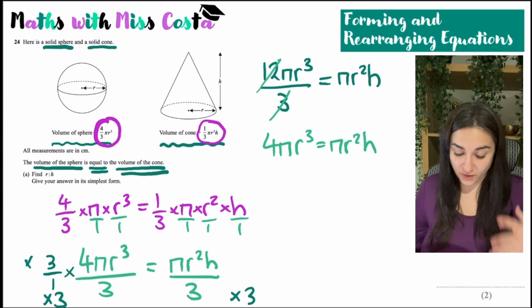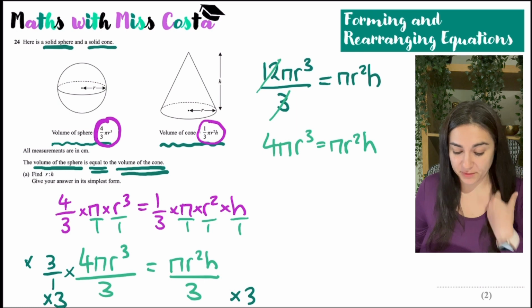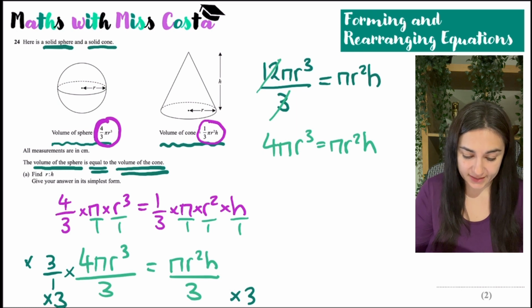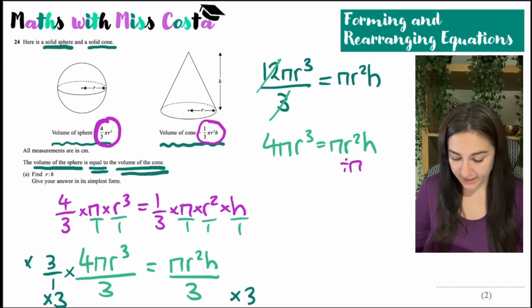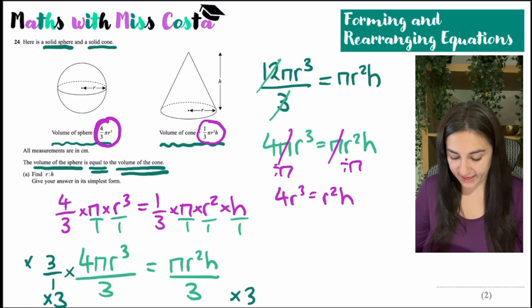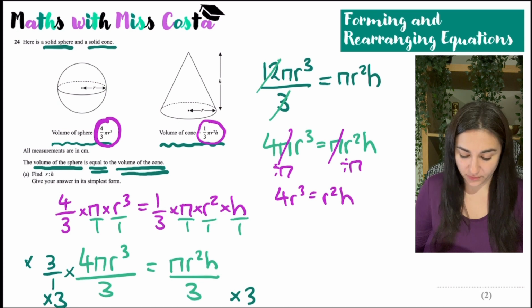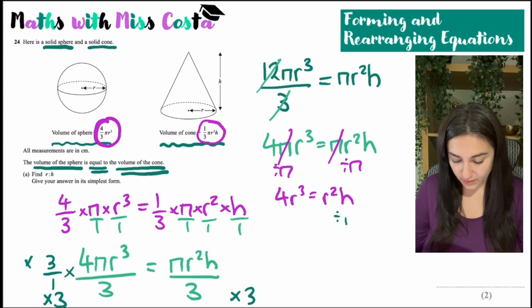Well, I'm looking to divide anything just to simplify it as much as I possibly can. So let's divide both sides by pi, because then that eliminates that variable. I'm left with 4r cubed equals r squared h. What else is a common variable that I could eliminate? Well, I could divide both sides by r squared. So I'd be left with 4r equals h.